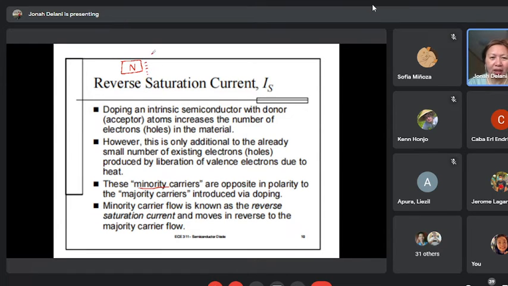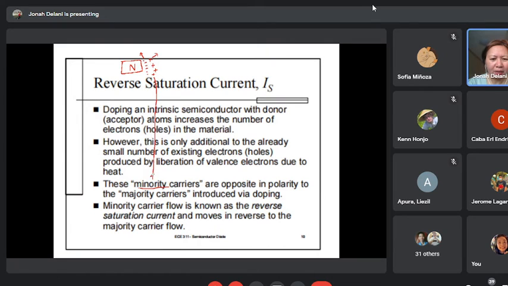Although it has many electrons, there exists a very small amount of holes, because it is an impure material, a mixture. Just a small amount. For an N-type material, the majority carriers are the electrons. The minority carriers are the holes.